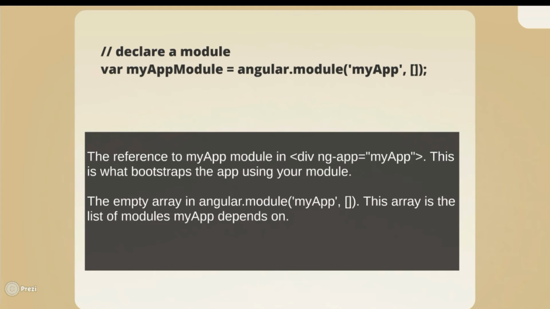Square brackets are where we keep all the dependencies on which our application depends. The reference to my app module in div ng-app my app is what bootstraps the app using your module. The empty array in angular.module my app is the list of modules my app depends on.